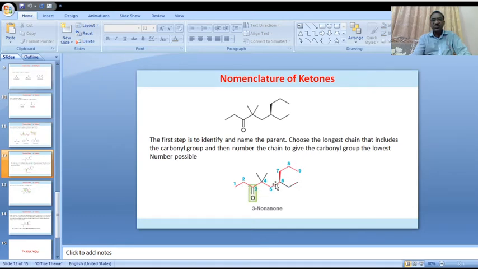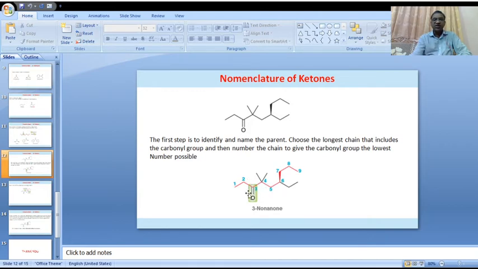First we should identify the longest chain, and in this identification the carbonyl carbon is also included.